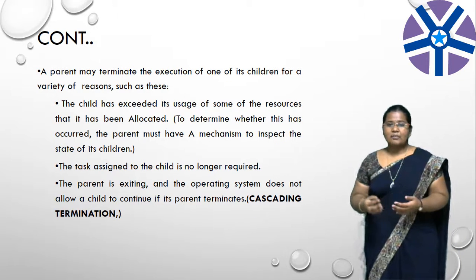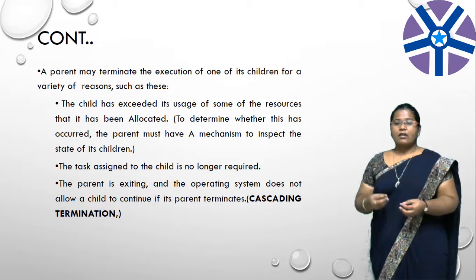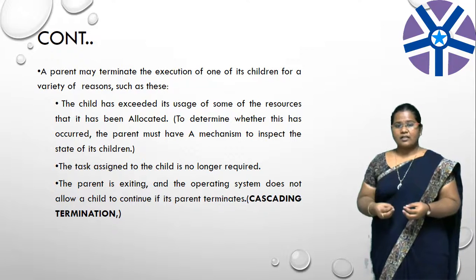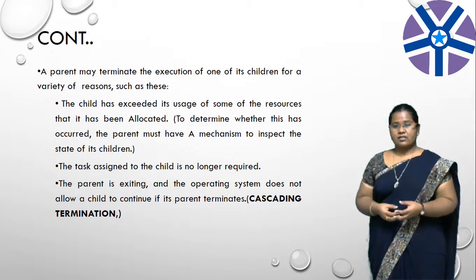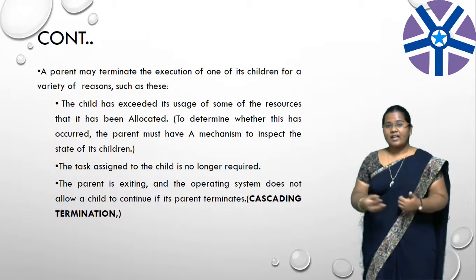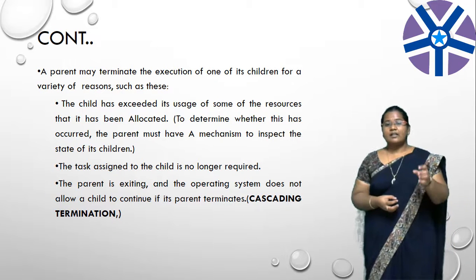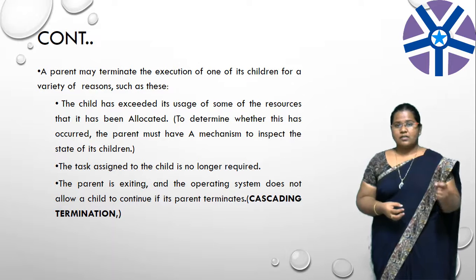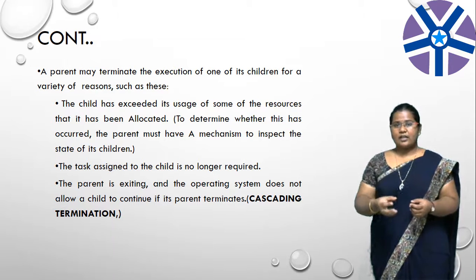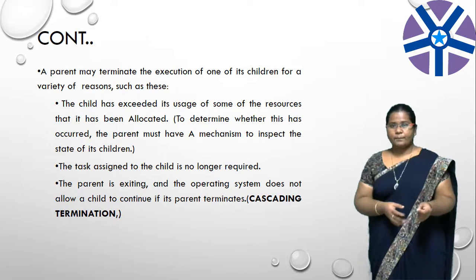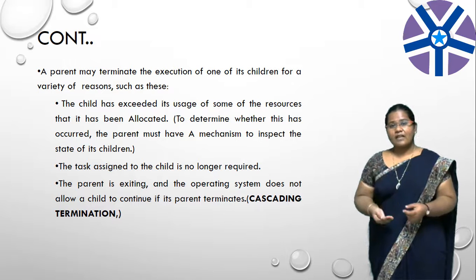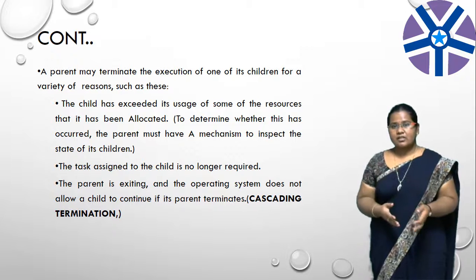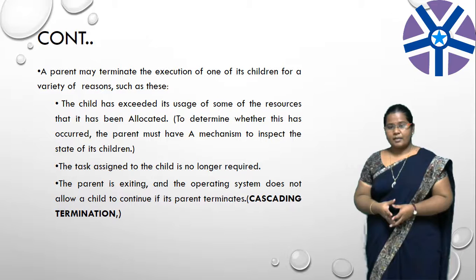A parent may terminate the execution of one of its children for a number of reasons. One is if the child has exceeded the resources allocated to it. For example, if a child has been allocated 1 MB of memory but is using more than 1 MB, the child process can be terminated by the parent process.